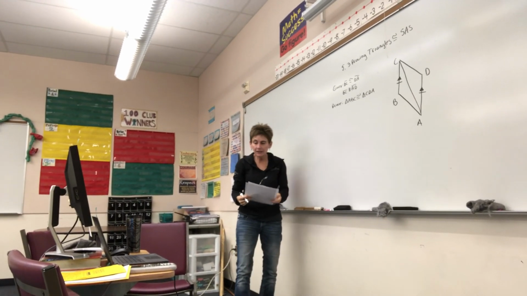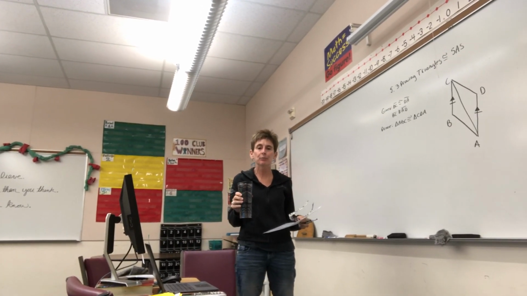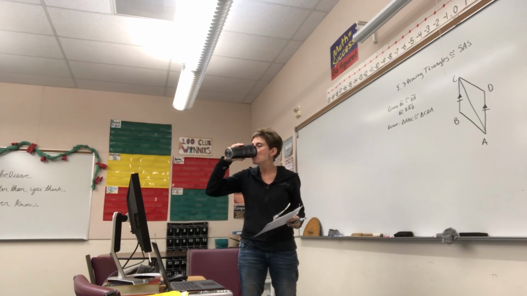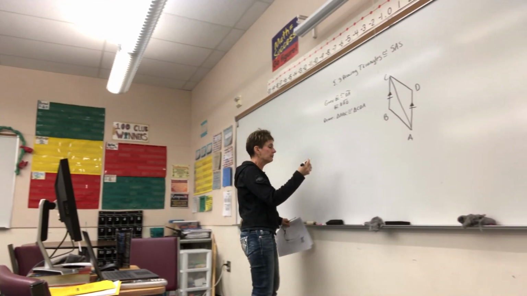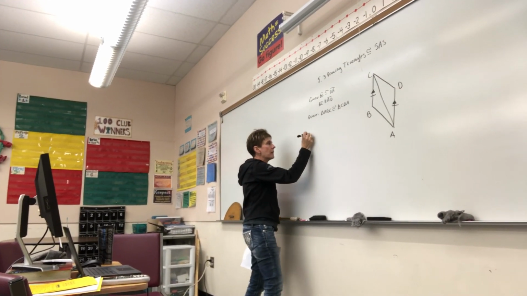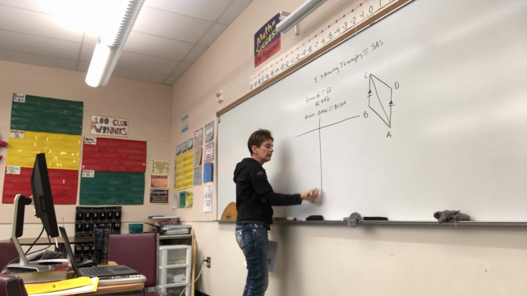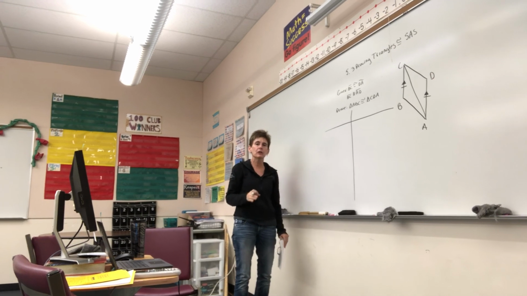Now, what I would like you to do, if you have this printed out, is look at your 5 steps to writing a proof and see what the first step is. The first step is to draw a T. So I always tell students who say, oh, I just can't do proofs, I say, can you write the letter T? And if they say yes, then I tell them, then you can start a proof.